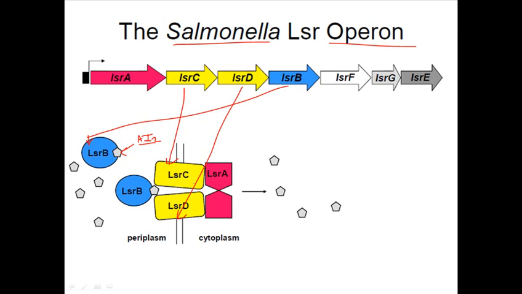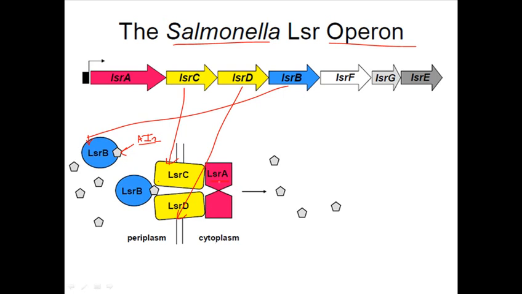After some conformational change, it attaches with the LsrA subunit, which is the blockage region here, which blocks the entry of simple molecules into the inside of the cell, the cytoplasmic portion of the cell.